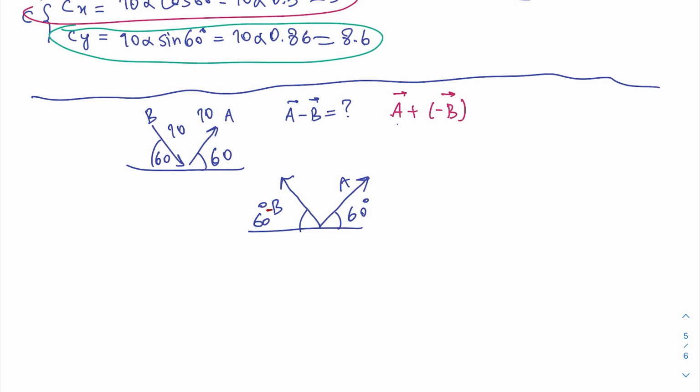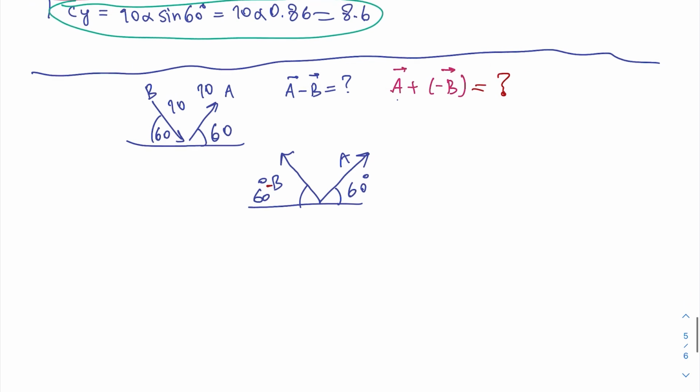Then I need to just simply find the resultant vector A minus B, or A plus minus B. I can graphically now simply say this is head to tail, so this is vector A. I can move vectors as much as I want as long as I keep the magnitude and direction the same.